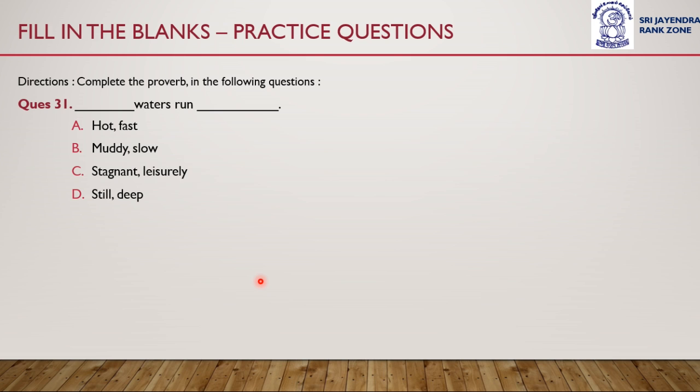In question number 31, you have to complete these proverbs. Dash waters run dash. Option A is hot, fast, option B is muddy, slow, option C is stagnant, leisurely, and option D is still, deep.